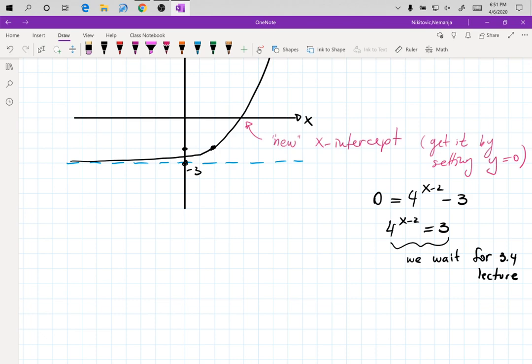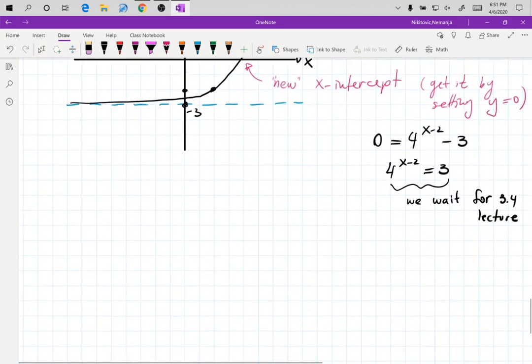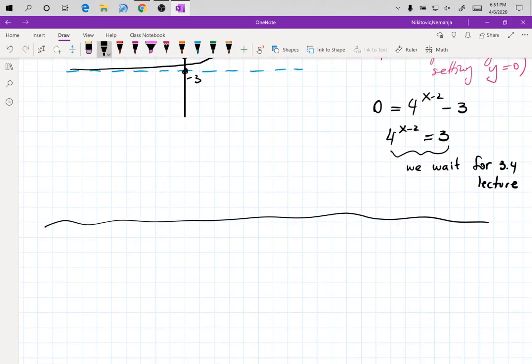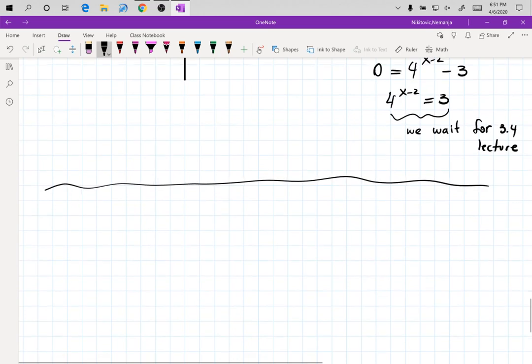Okay. So now we understand that. I want to also toss in the reflection, which is important. Let's say you have f of x equals 3 to the negative x. You say, that's easy, we learned that's a decay graph.